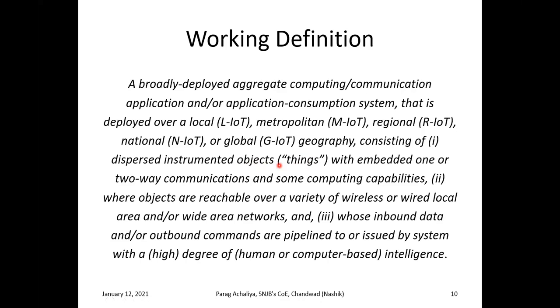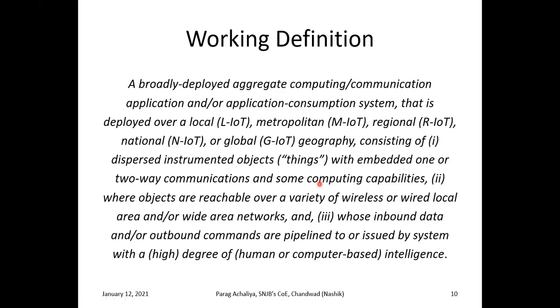As the name is IoT, T stands for things, so it is mentioned in double quotes like this. In IoT there will be some objects or things which will be embedded in nature, or it will be a two-way communication, and it will have some computing capabilities.